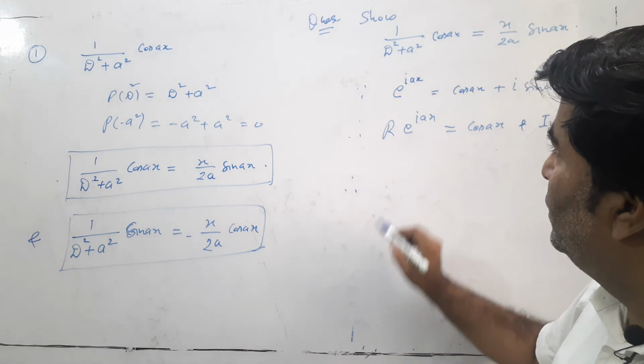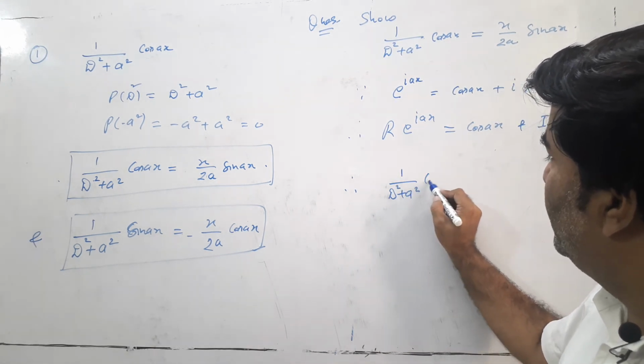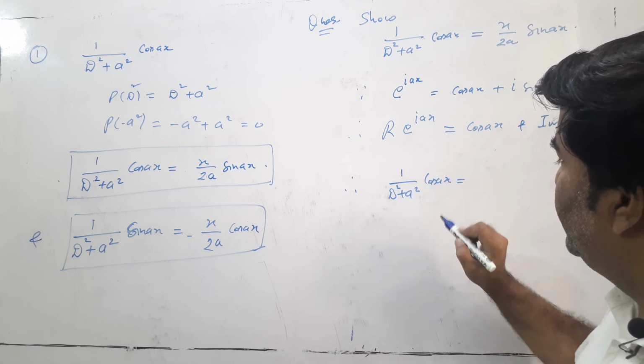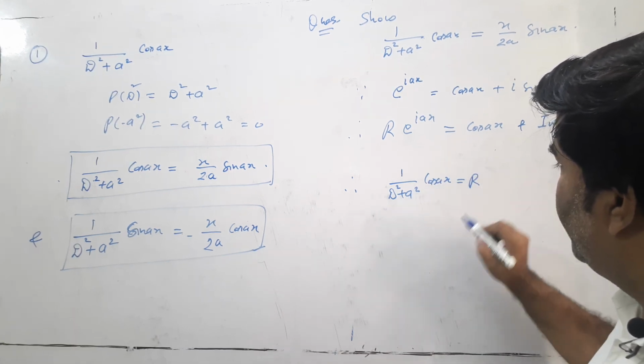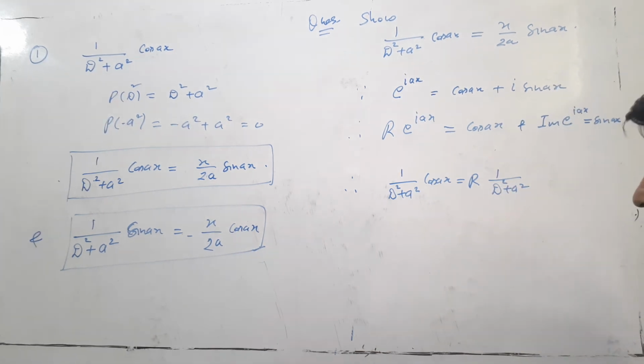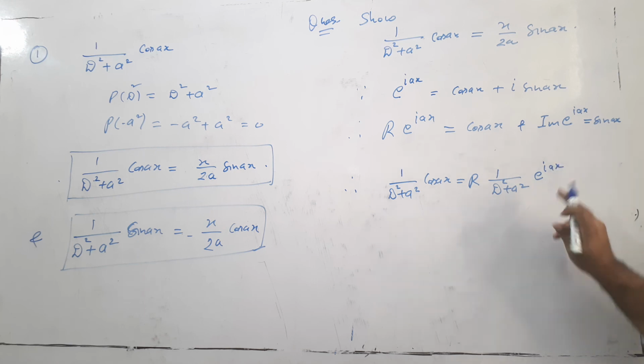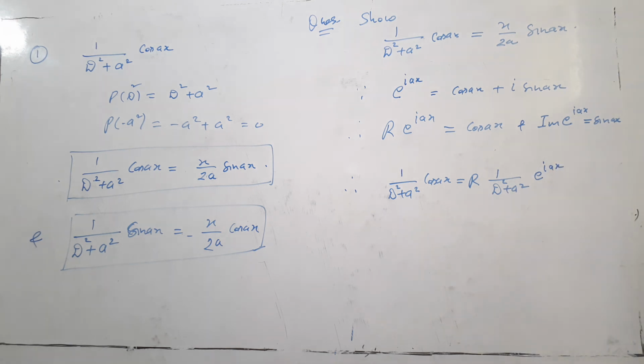Therefore, the value of 1 upon d square plus a square, cos ax, we can write as the real part of 1 upon d square plus a square, e to the power iax. Okay.